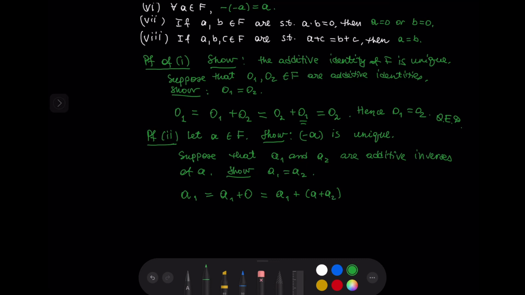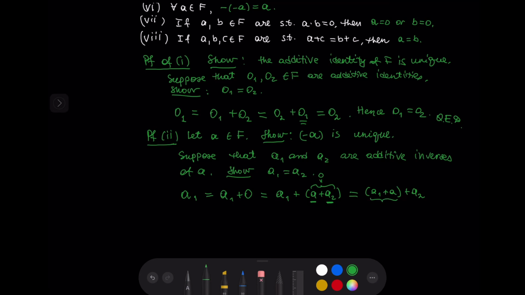So let us think about this for a moment. So A2 is an additive inverse of A. So when we add A2 to A, we get a 0. Right? This is equal to 0 because A2 is an additive inverse of A. So now by associativity, this is the same as A1 plus A plus A2.